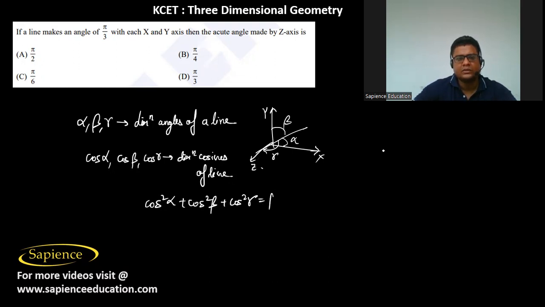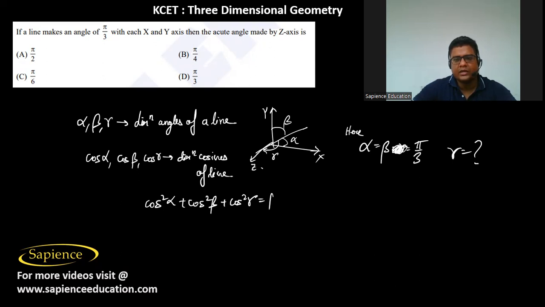So now here it is told that the angle which the line makes with x and y axis is pi by 3. So alpha equals beta equals pi by 3. So we have to find gamma.